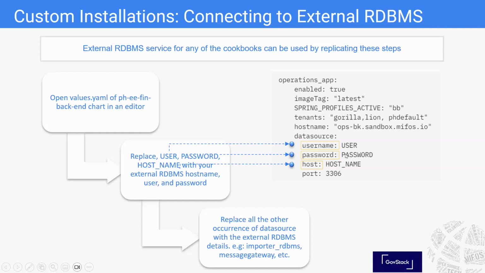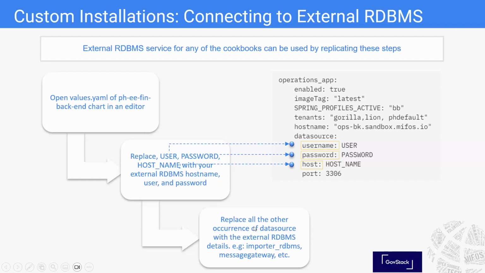So for example, we've highlighted these over here. These are just an example; there would be other parameters as well, which you would need to update, because the ones that are there in our documentation are just sample values, given for the sake of giving an example. So you would update the user, the password, and the host name with your system's user, password and host name.